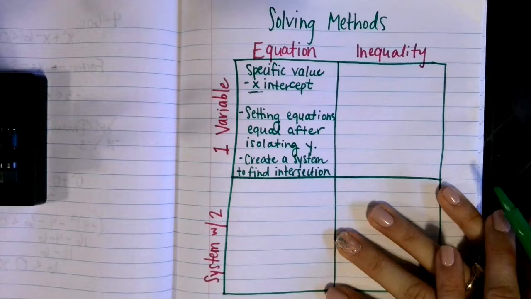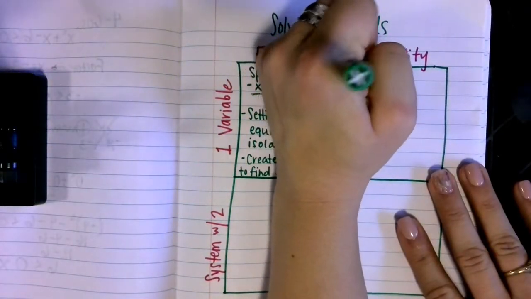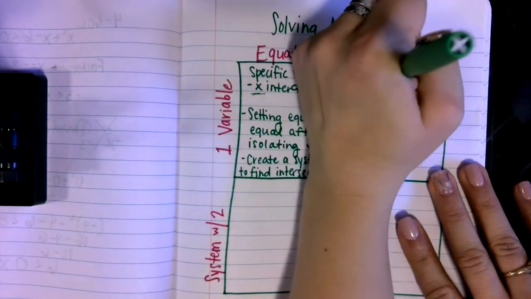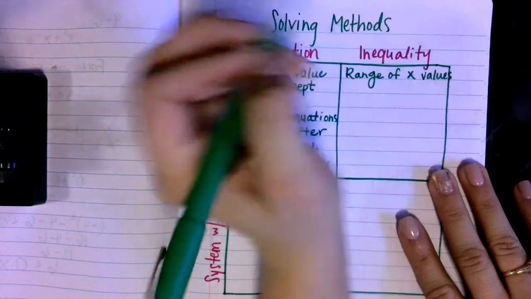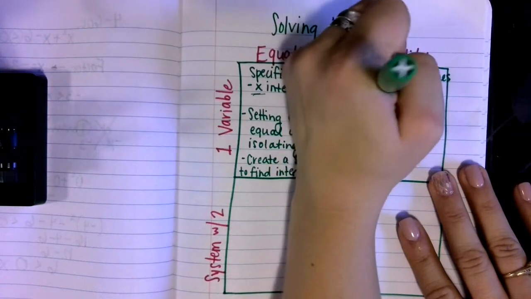Now with an inequality, it is a range of x values because we're going to be using our inequality signs.